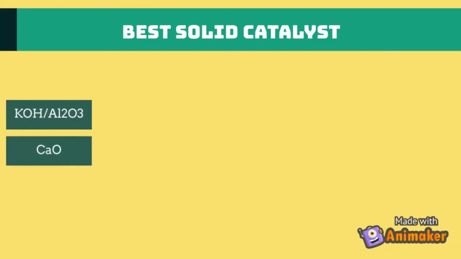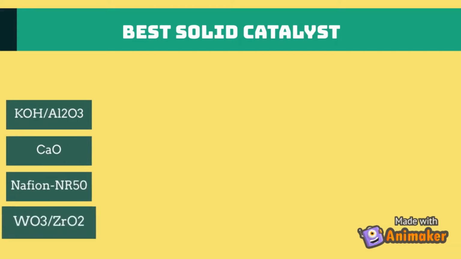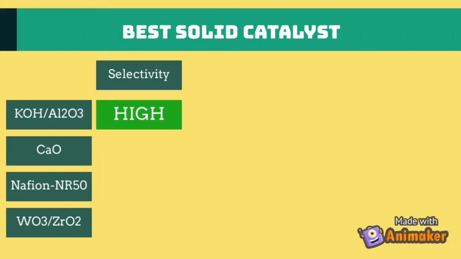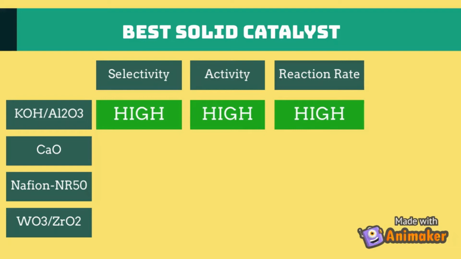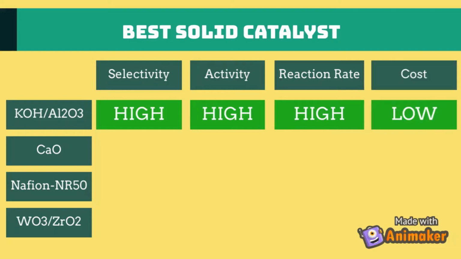We have chosen the best solid catalyst for the reaction. We made a comparison of 4 different catalysts, which are potassium hydroxide/aluminium oxide, calcium oxide, Nafion NR50, and tungsten trioxide/zirconium dioxide. As we have known, potassium hydroxide/aluminium oxide has high selectivity, high activity, high reaction rate, and low cost.